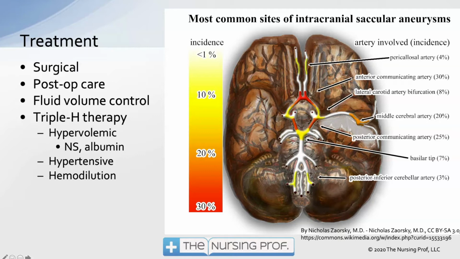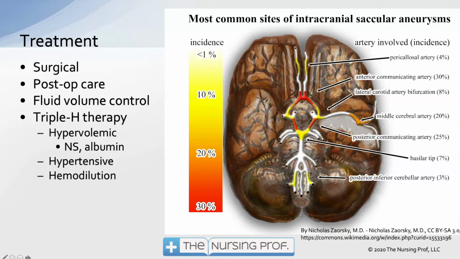When we take a look at this picture over here on the right side, you can see there's a number of different spots that aneurysms can form. Notice it says by incidence on the left side, with that kind of bar chart. The red areas are where we have the higher incidence. Notice where those are. Those are all down there in the circle of Willis. The reason for that is, look at all the bifurcations.